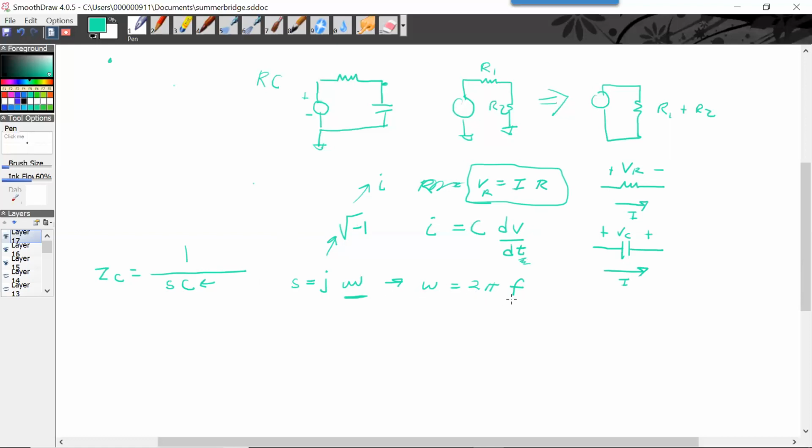And frequency, 1 hertz, something happens once per second, right? 10 hertz, it happens 10 times per second, right? And then omega is in radians per second. All right.